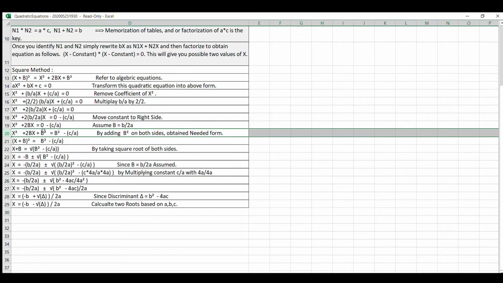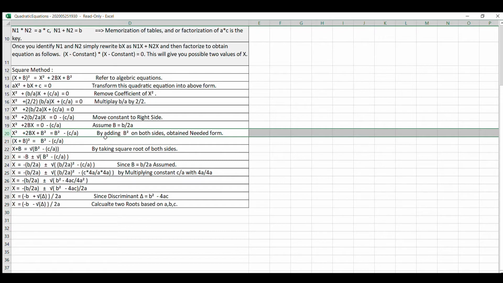You got the equation: x square plus 2bx plus b square is equal to b square minus c by a. Now what is x square plus 2bx plus b square? It is nothing but the square of x plus b. So the left hand side you can now write as x plus b whole square is equal to b square minus c by a.